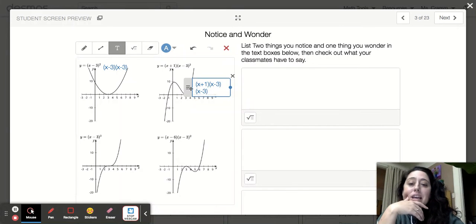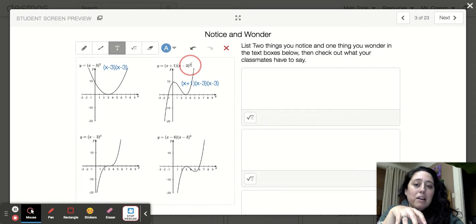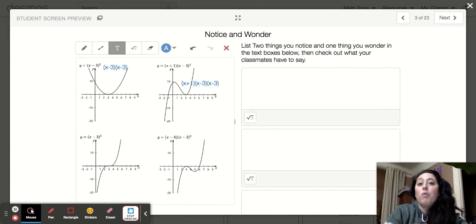Even though I see a square here, right? Even though I see to the second power here, it's really a cubic, or an x to the third power, third degree polynomial, because I've got x times x times x.